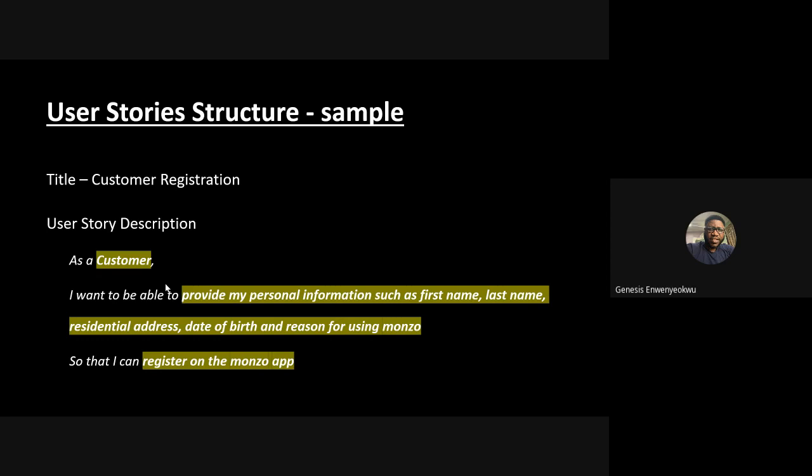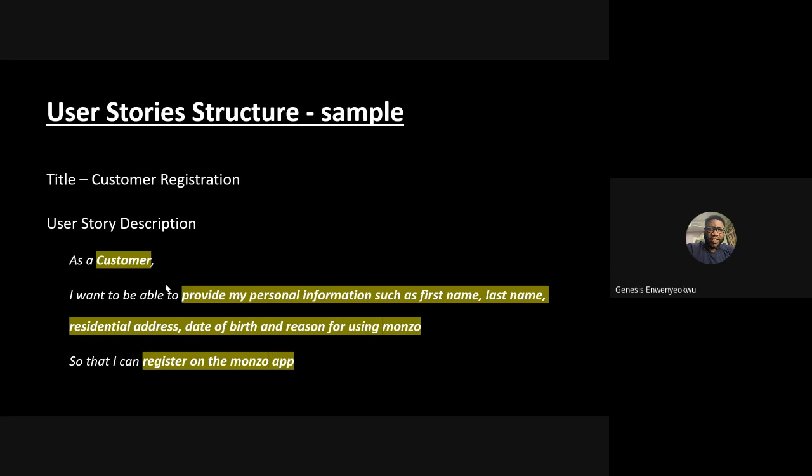As a customer, remember, as a role, the role here is a customer, or as a user, the user here is a customer. As a customer, I want to be able to perform a task. The task is to provide personal information such as first name, last name, residential address, date of birth, and reason for using Monzo, so that I can achieve a result.